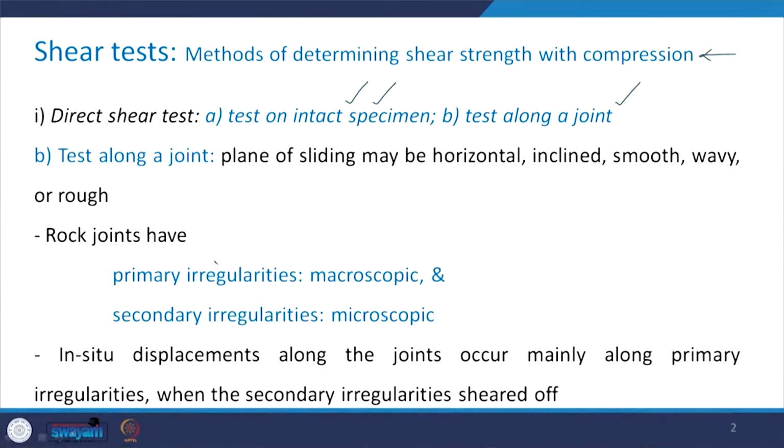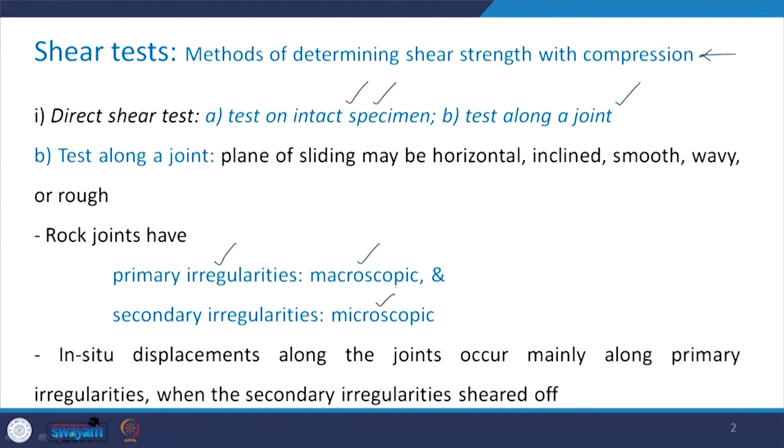First one deals with the primary irregularity, which is macroscopic in nature, that means you can see them. Secondary irregularities are microscopic in nature.